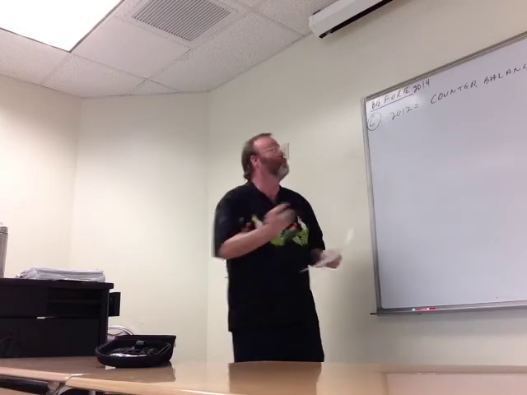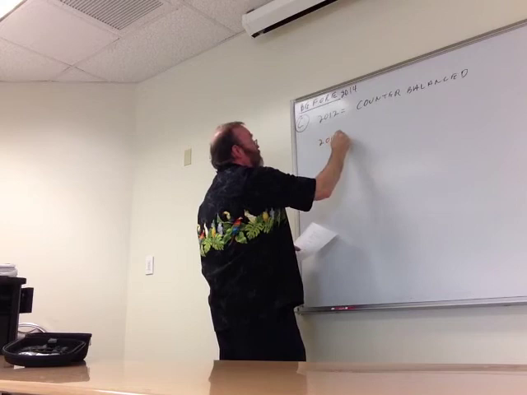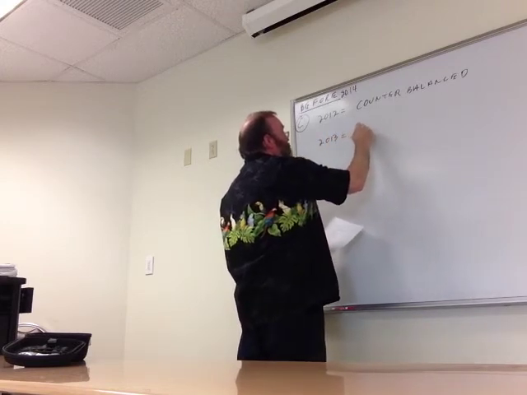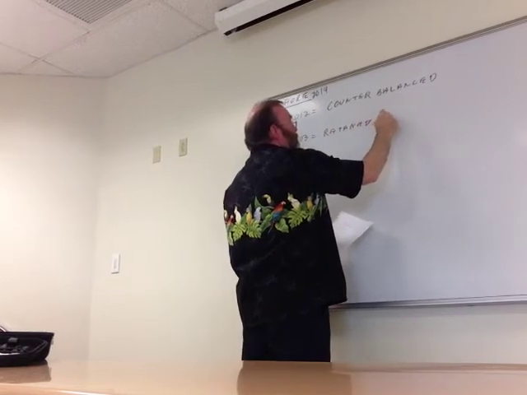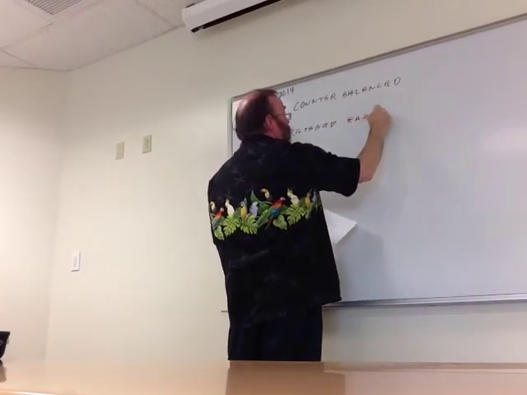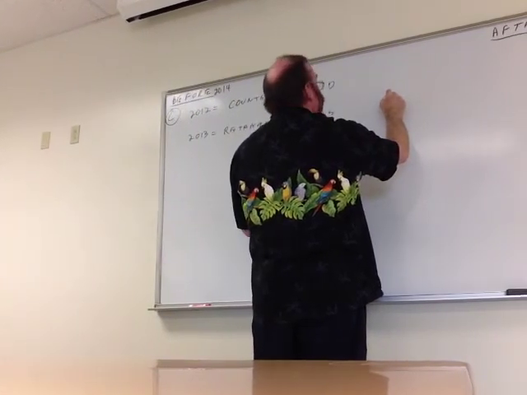That's still there at the end of 2014 before you close out the 14 books. So this one, you need to debit retained earnings for the $18,000.